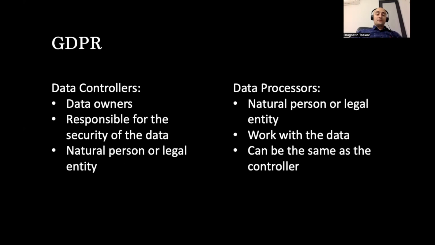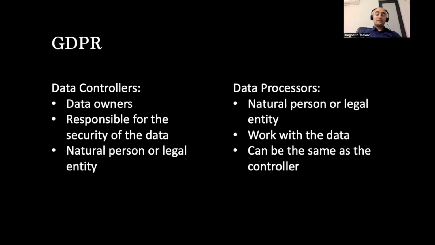GDPR also introduces two very important terms. The first one is data controllers, and the second one is data processors. Now, when we talk about data controllers, you need to be thinking of data owners. This is the person or the organization who owns the data and who is responsible for its security.